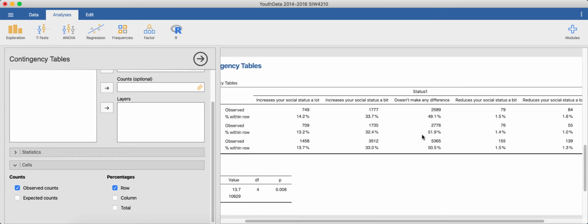About 1/3 of both boys and girls say that it increases your social status a lot.